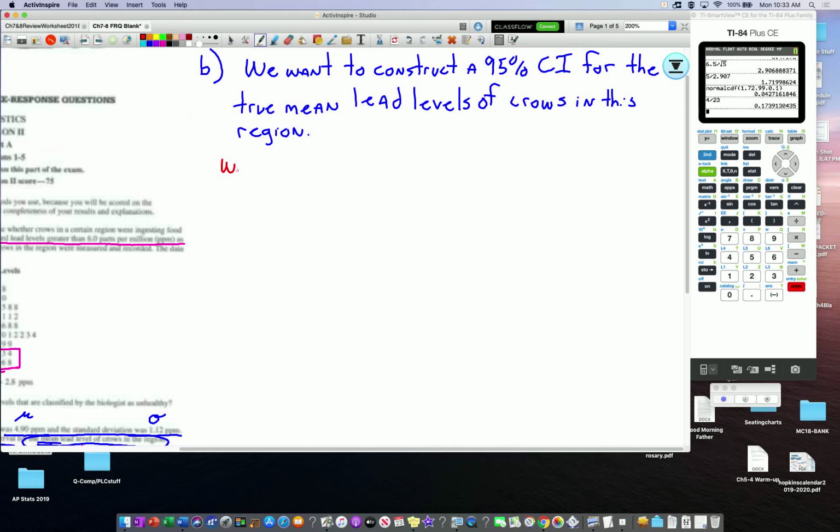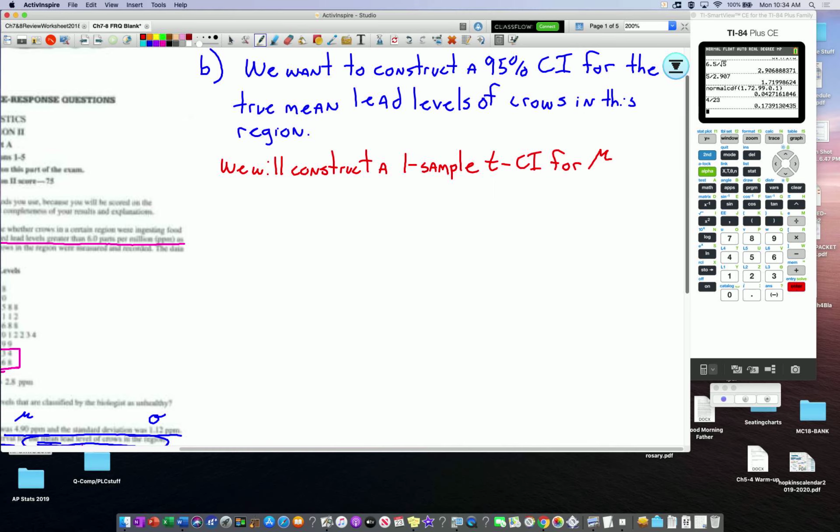So I'm going to say we will construct a one sample, this is coming from a single sample, t confidence interval for a population mean. Okay? So I like to use those symbols.